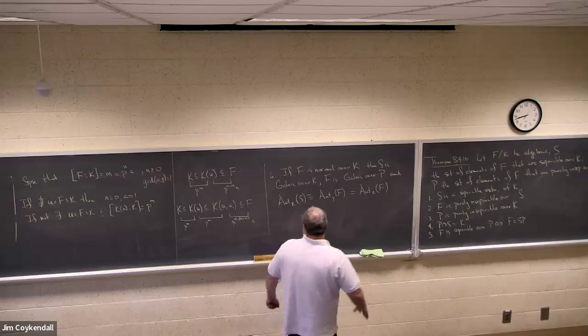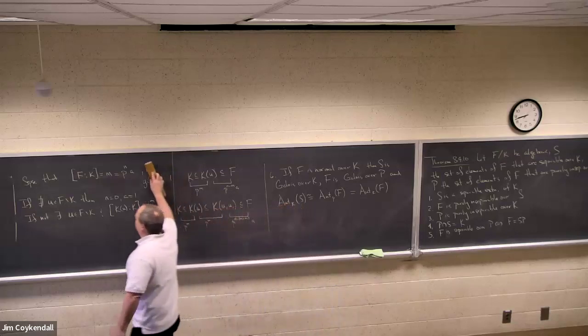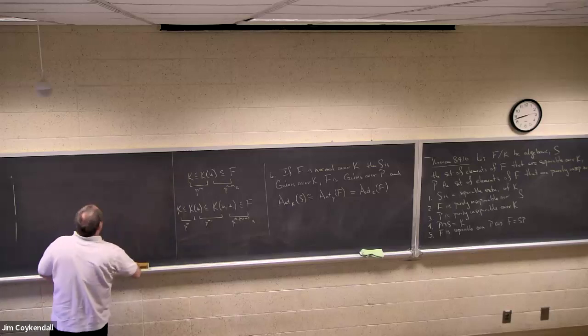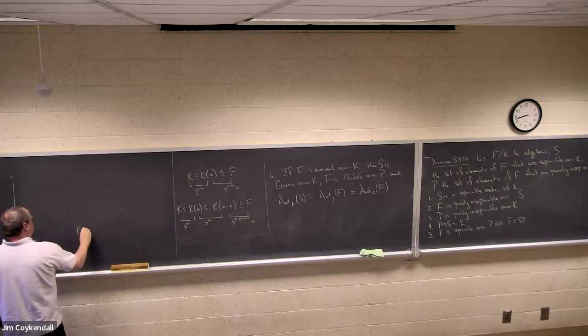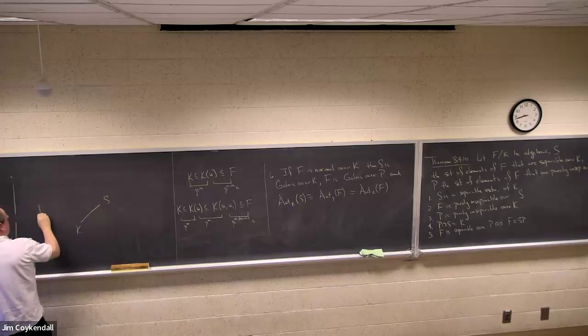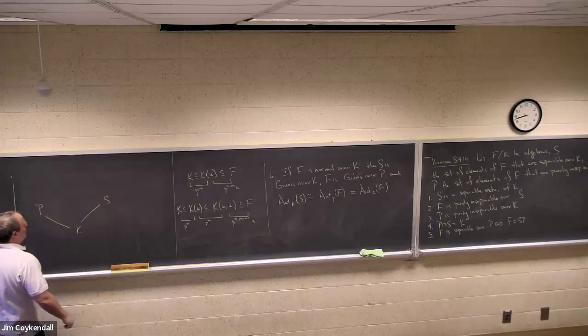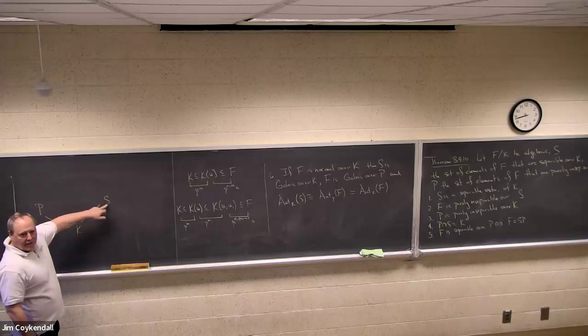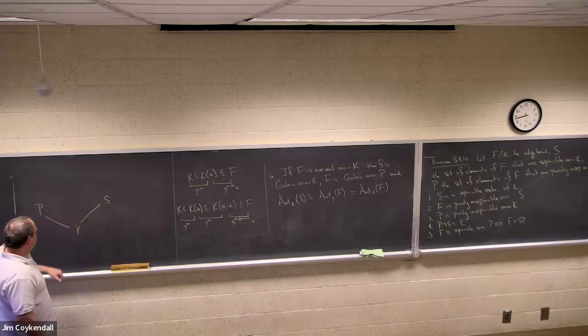So here's kind of what I'm trying to draw, a diagram of this, if you will. You could take the separable elements, the nice ones, over K. Here are the ones that are purely inseparable.